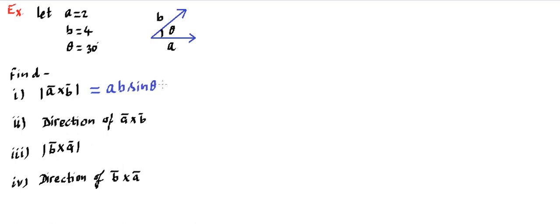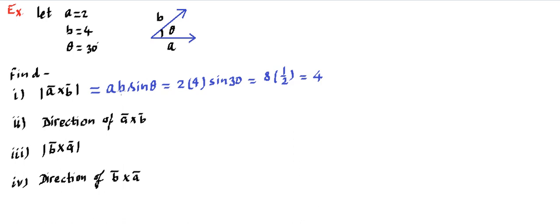Now we have been given all the values, so we can put the values. A is 2, B is 4, and sin theta, where theta is 30 degrees. So we will find it's going to be 8 into sin 30, which is 1 by 2. So the ultimate answer will become 4. Whatever the unit will be, we can place the unit over here. So A cross B's magnitude is going to be 4. It's a positive number. It was supposed to be a positive number.